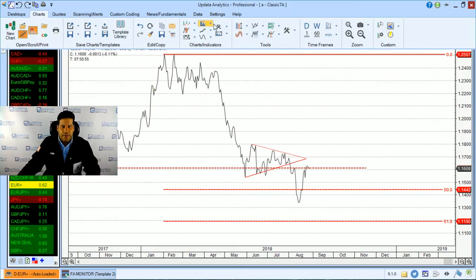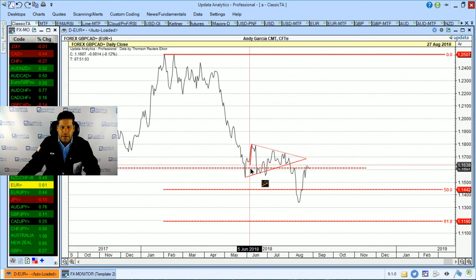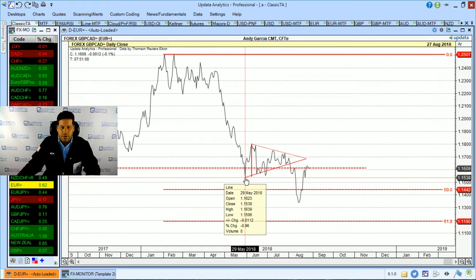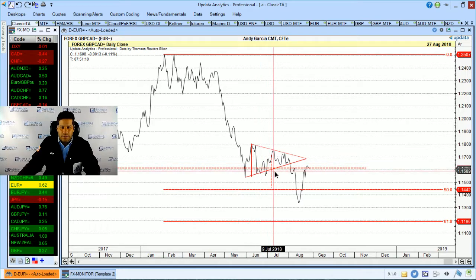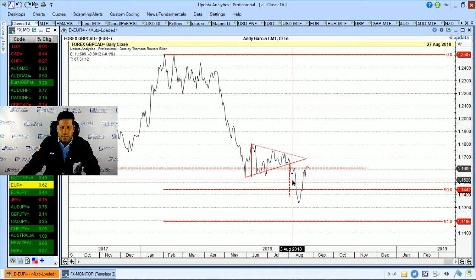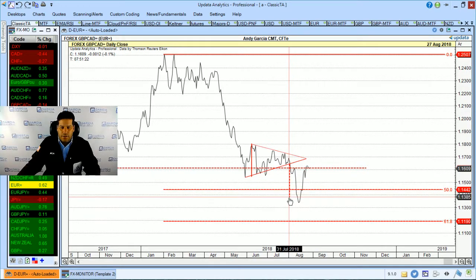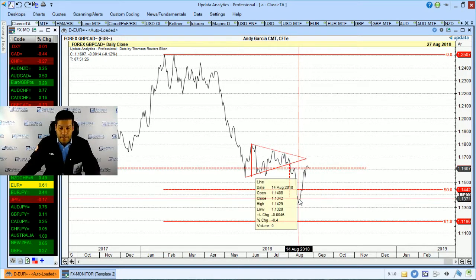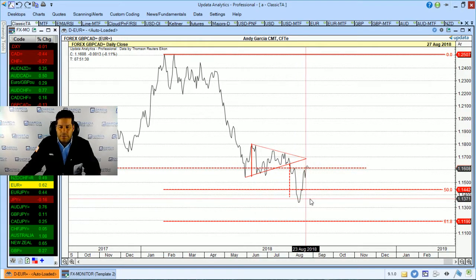If you take the measurement of this triangle, measuring this high down to the low, and then moving it out to the breakout point, you can see that we actually surpassed the measured move. Once we get to the measured move, you can see that everybody started to take profit, and now the expectation is whether or not this market is ready to move up.